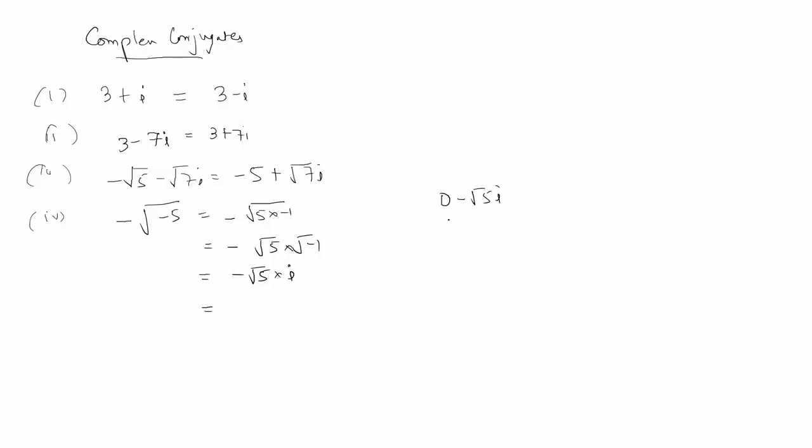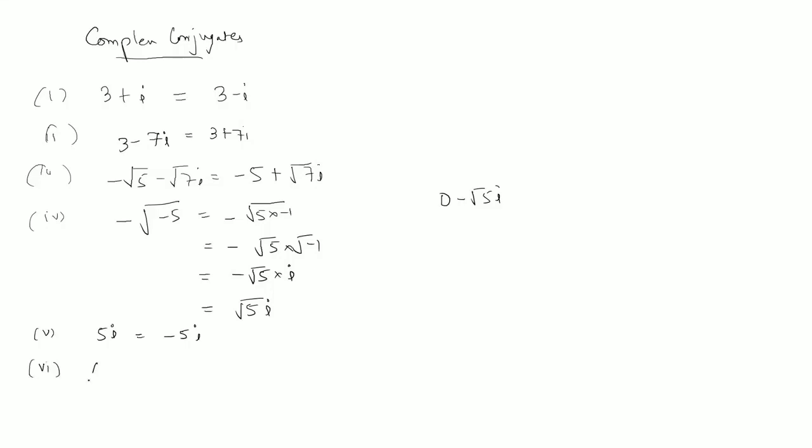What we are going to do with this, we have to find the complex conjugate. So the answer will be just change the sign of the imaginary number. As this is an imaginary number, we can write it as root of 5i. So this is the answer. The next question is the fifth one, 5i. The complex conjugate of 5i is minus 5i.